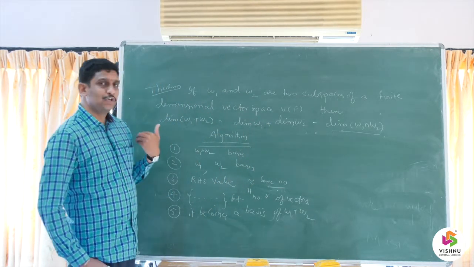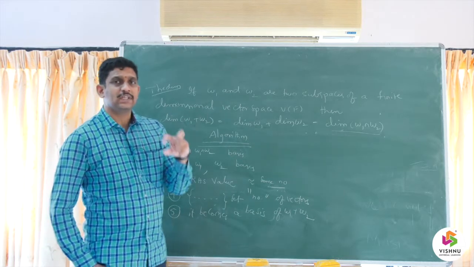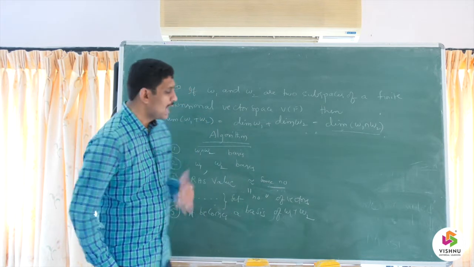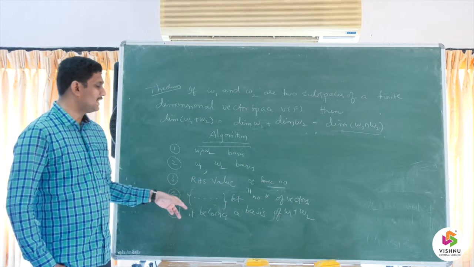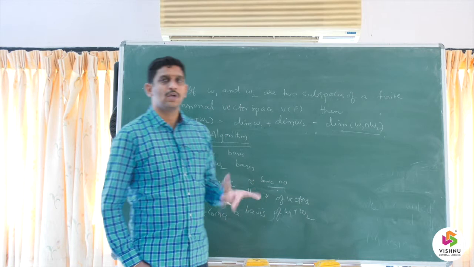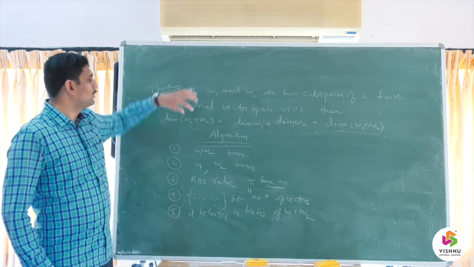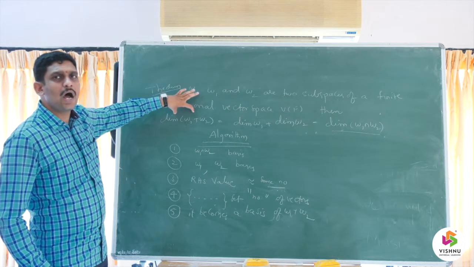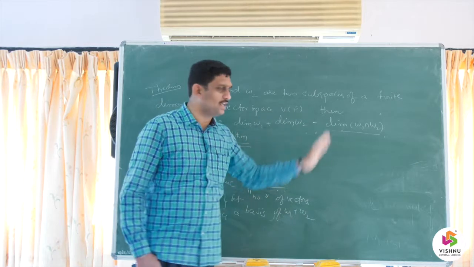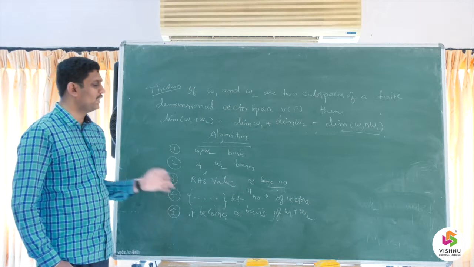Then as we need to prove LHS is equal to RHS, with that many elements I will define a set, and I will prove that that set becomes a basis for W1 plus W2. Dimension is nothing but the number of elements in the basis. So the left hand side basis, how many elements are there? It is exactly equal to the number of elements on the RHS. So LHS is equal to RHS is proved. This is the total outline idea of the theorem, right?